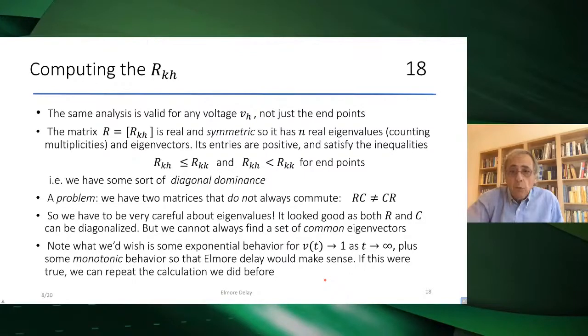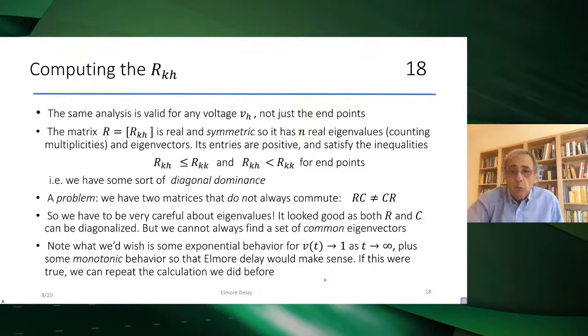It has some diagonal dominance characteristics by construction. You can see that very easily. The full path adds all the resistances, the others add partially, so it's less. But we have one negative thing. We have the matrix C. Even though it is a diagonal matrix, these capacitors are different in value.